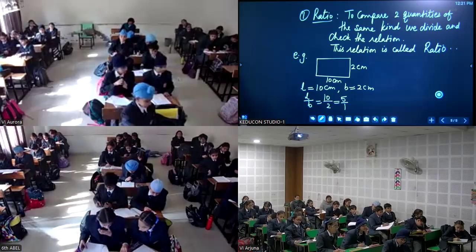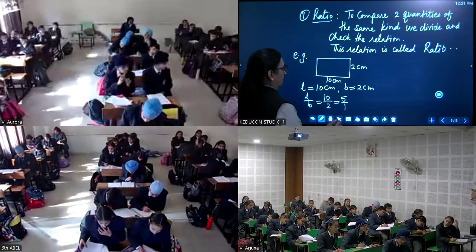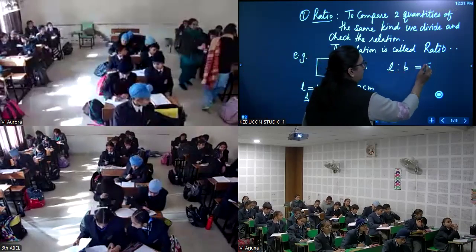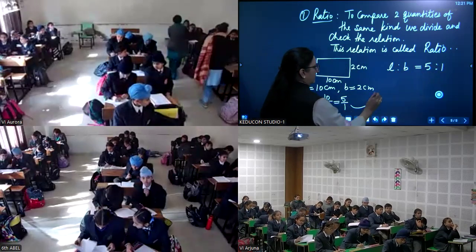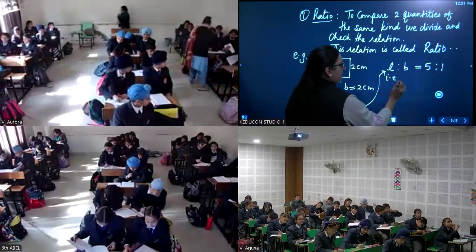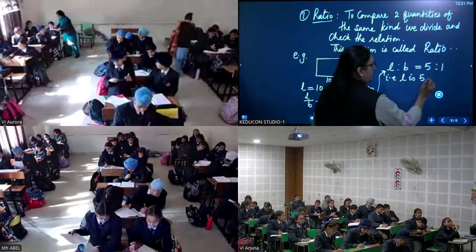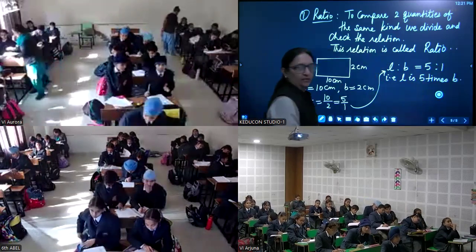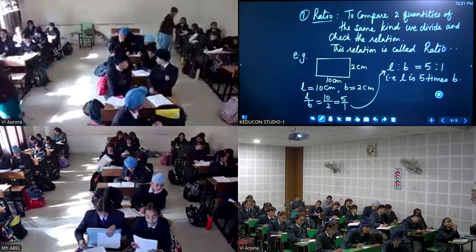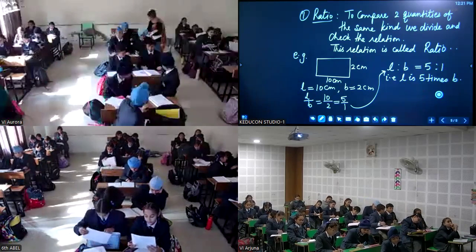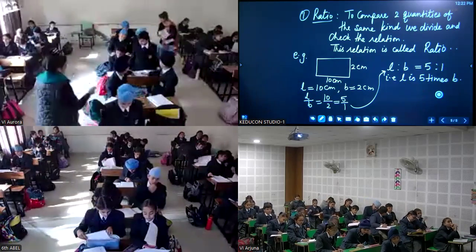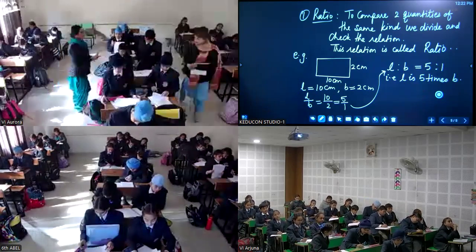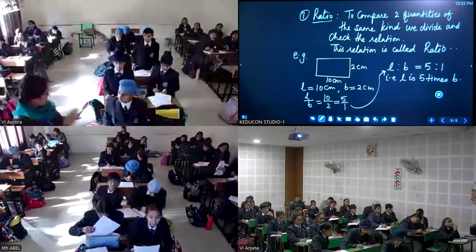After dividing L by B, we have come to know that L ratio B is equal to 5:1. That is, L is 5 times B. You have come to know the relation. This relation, ratio, has told you that length is 5 times B.